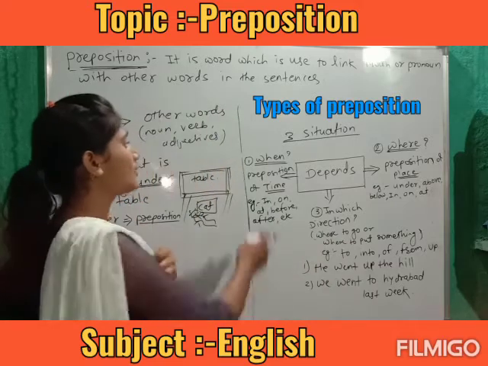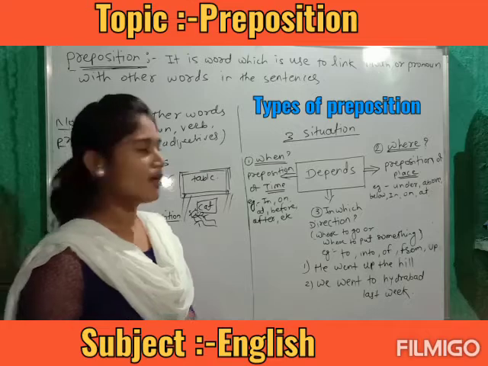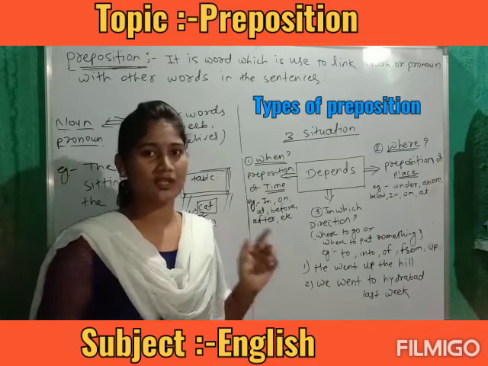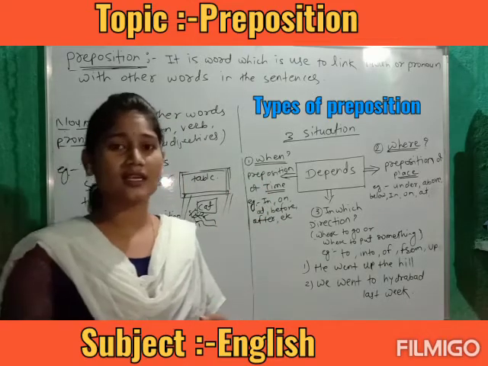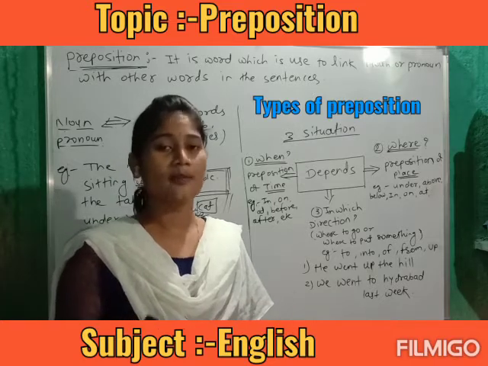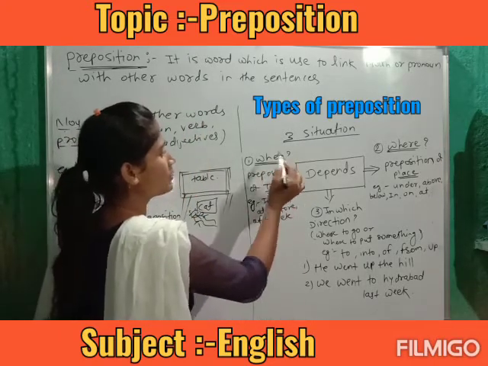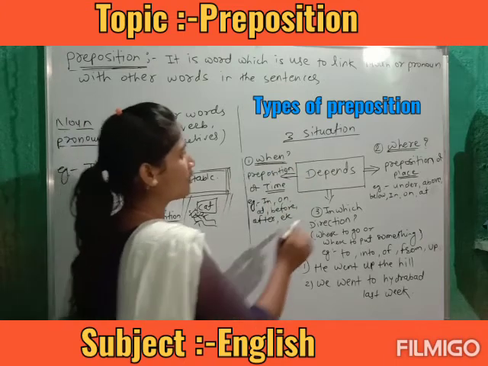Regarding the first one, just imagine what we are going to see in case of when. When means what? It is the preposition which tells us when the thing or event is going to happen, at which time. For a particular time we are going to use when. And then what about where?